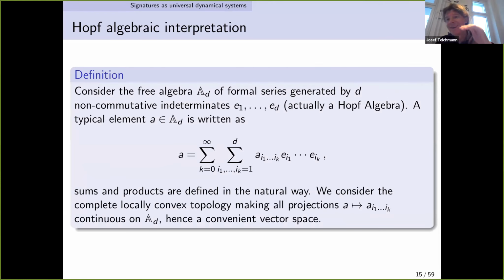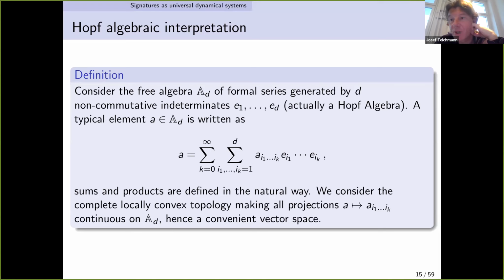Good. In order to talk about this object in a convincing and insightful way, we are introducing an algebraic framework for it. We consider the algebra of formal power series. These are nothing else than collections of coefficients indexed by multi-indices i1 up to ik for all k.